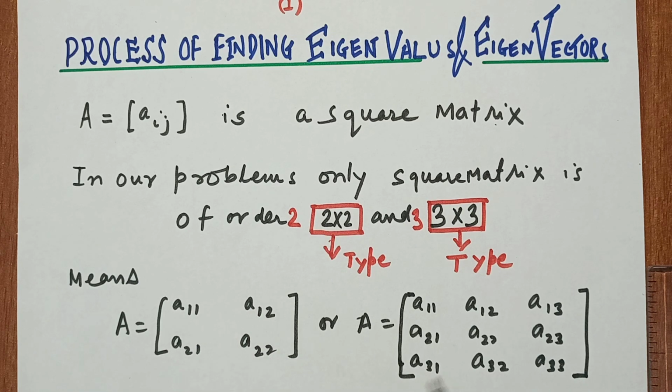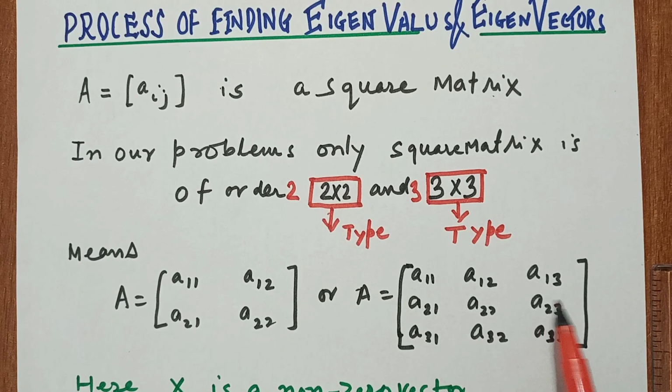And similarly, another matrix A equal to this thing is called a 3 by 3 matrix, which means the order of this matrix is 3. Here, this is interesting: every matrix will always be a square matrix, and all problems are a maximum of 3 by 3 type, that is, order 2 or order 3. Maximum questions we will solve are of order 3.